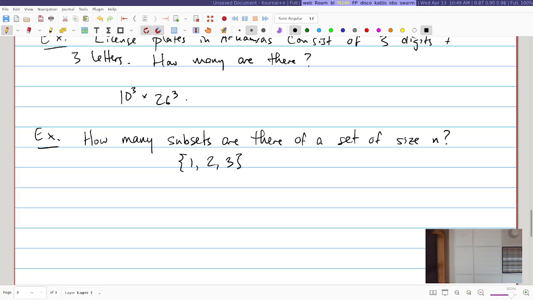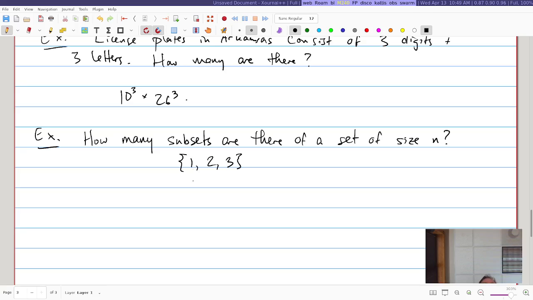The way to think of it in terms of independent choices is, for each element of this set, I can choose whether to include it in my subset or not. And do you all see that those are independent? Whether I include 1 or not in my subset doesn't affect whether I'm allowed to choose 2 or 3. And any combination of choices will result in some subset.